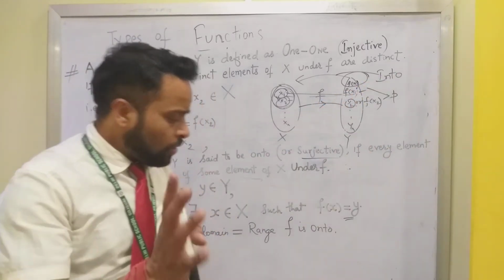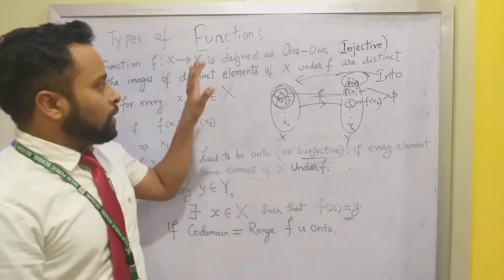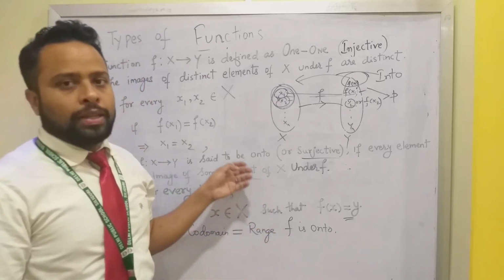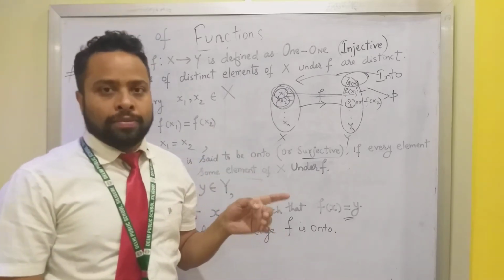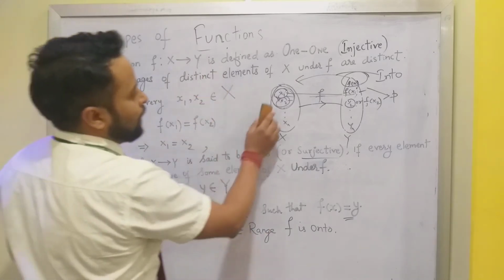Moreover, if in a function you can prove that the function is 1, 1 and onto both, then the function is called bijective. Mark the word bijective.